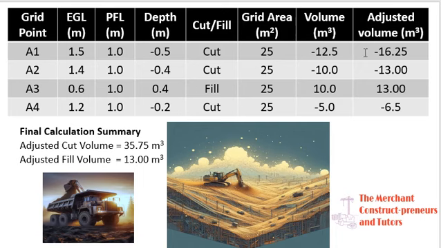So that is how we are able to get this, right? The final computation is to add them together. All the ones we are cutting, 16.25, 13.0, 6.5, you add them together, will come to 35.75. Then the adjusted fill is 13 cubic meters. So we have it here.